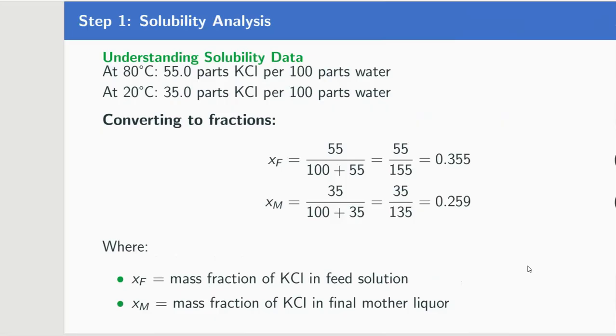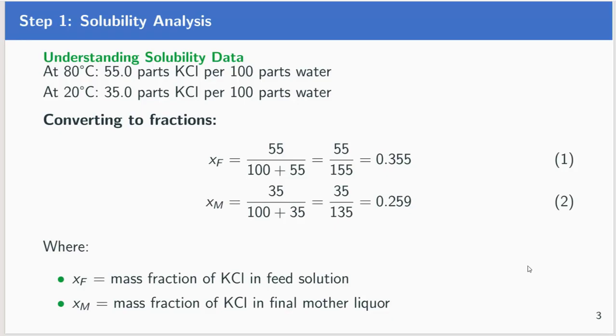Now the solution method. Step number 1 is converting the solubility data to mass fraction. At 80 degrees, 55 parts KCl per 100 parts water. That means the total is 155 parts. So the mass fraction Xf equals 55 divided by 155, which equals 0.355.